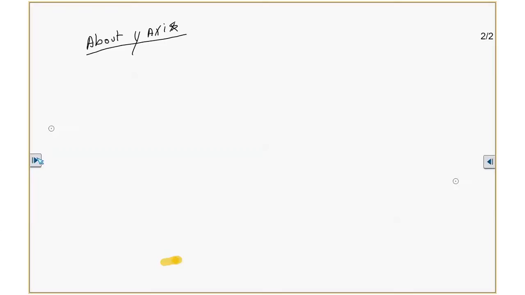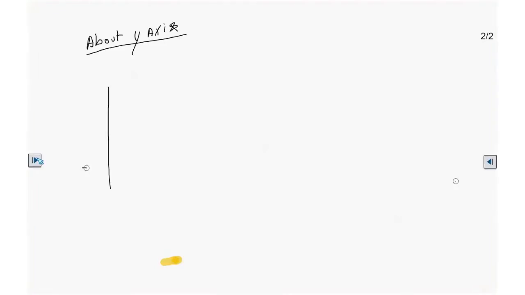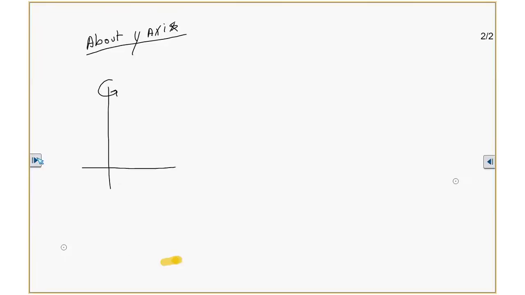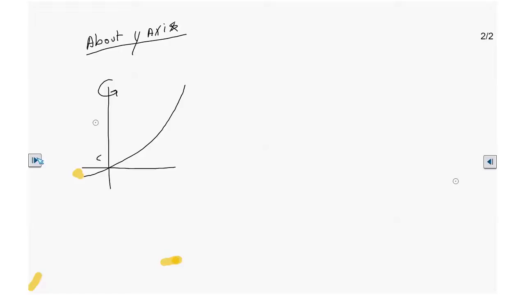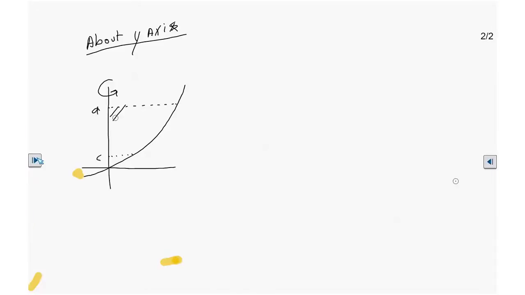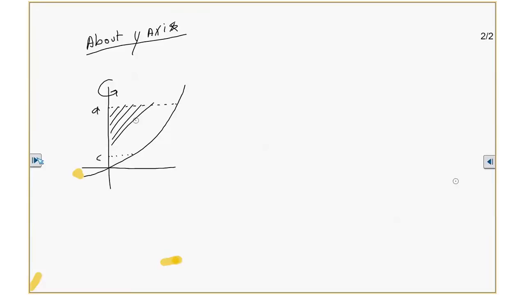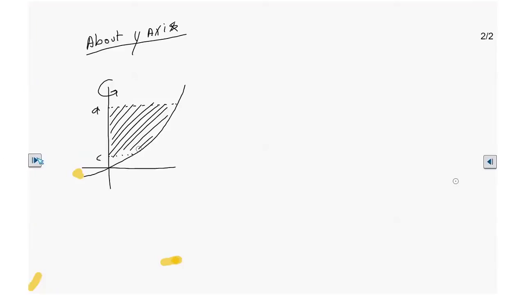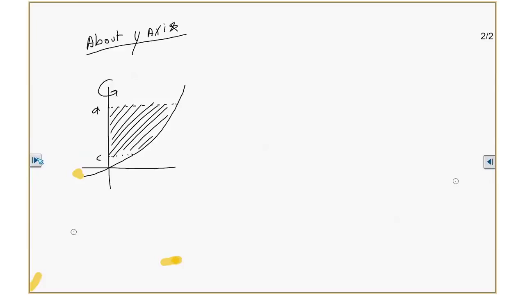Well, just remember that if you have a function and you're going around the y-axis, let's say you have a function that's looking like that, and you're going from C to D. You want to have this area right here. You're revolving around them.